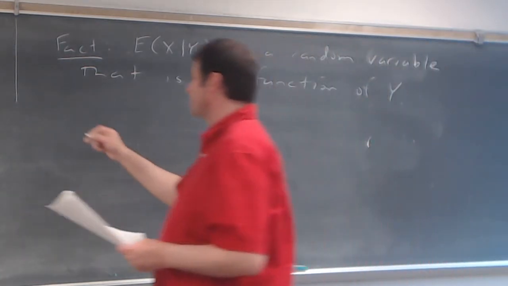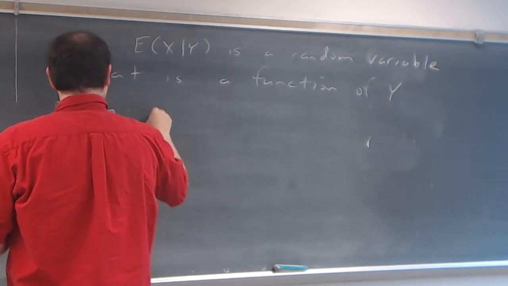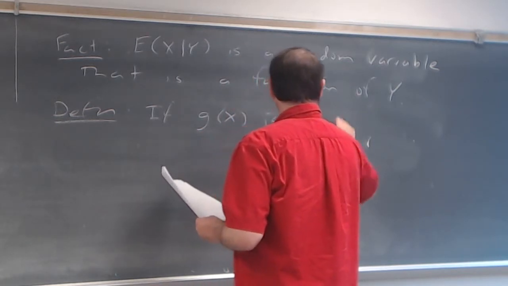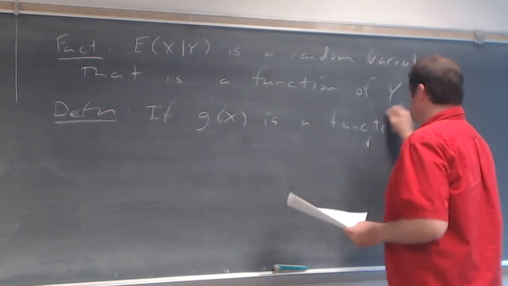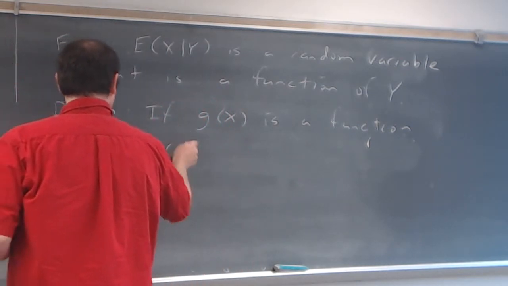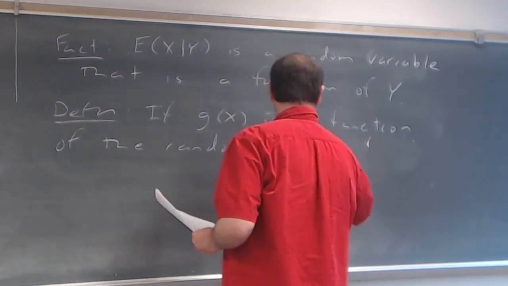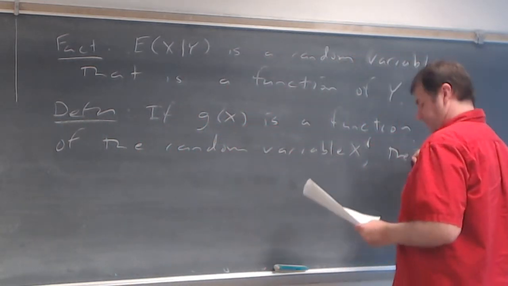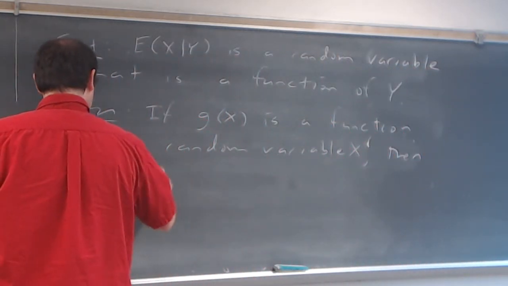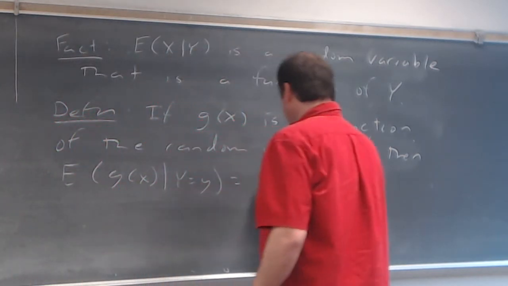Now, as a definition, if g of x is a function of the random variable x, then the expected value of g of x given y equal to y is equal to, well, it's equal to one of two things.